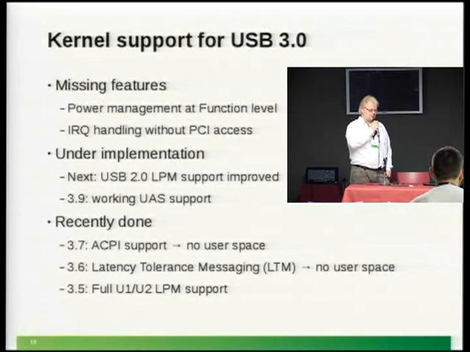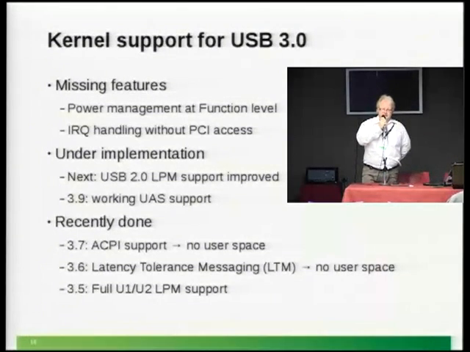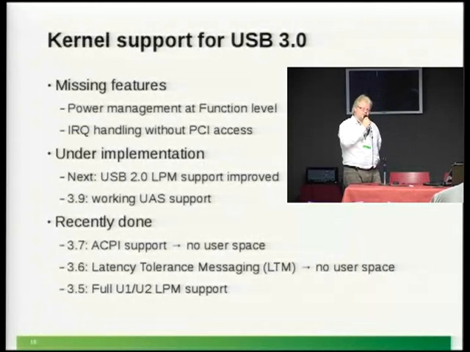What is done right now? Right now, we are introducing link power management even for USB 2.0 devices, which will save some power. What has been done recently is in 3.9, we finally got working UAS support. Working in that sense means it will survive the first error. It didn't before that.